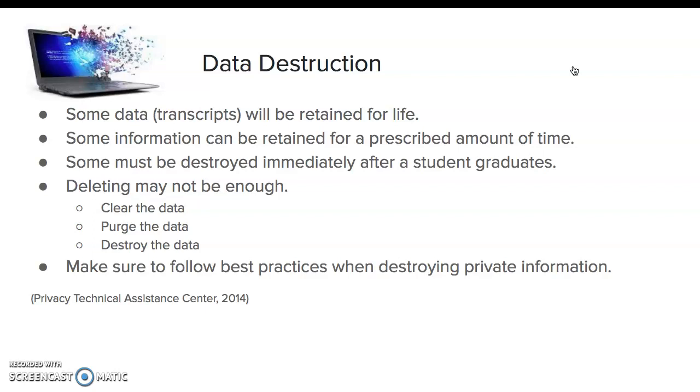We might need to clear the data, which is using software designed to clear all of the files from a computer, purging the data, making data unreadable, or destroying the data, disrupting the data by making it unusable. We just need to make sure to follow best practices whenever we are destroying private information. So not just throwing things away, but shredding them, and not just deleting things from computers, but truly clearing, purging, or destroying all of that information.